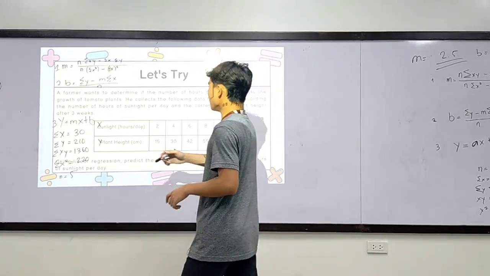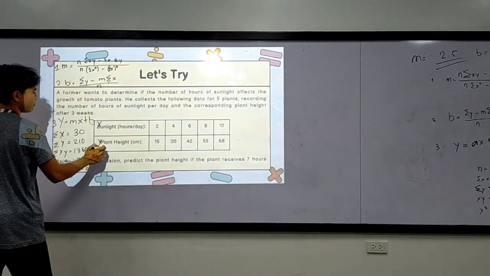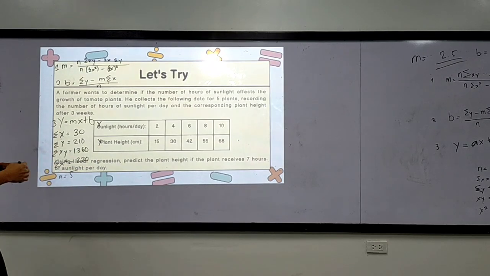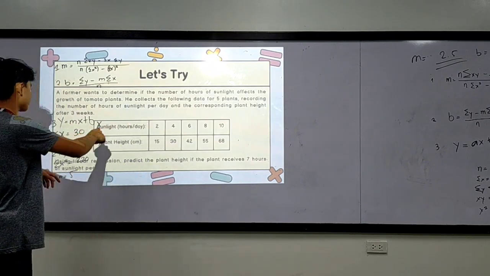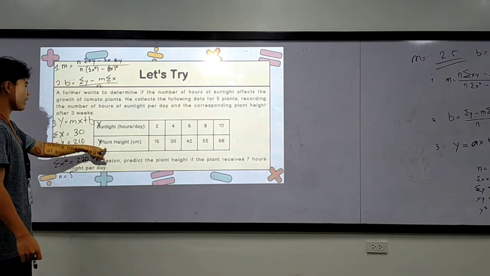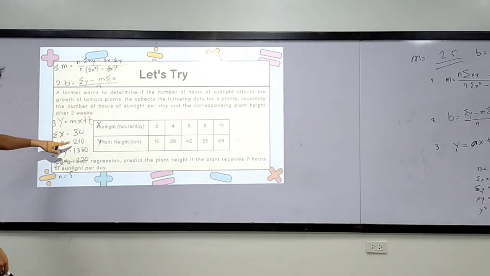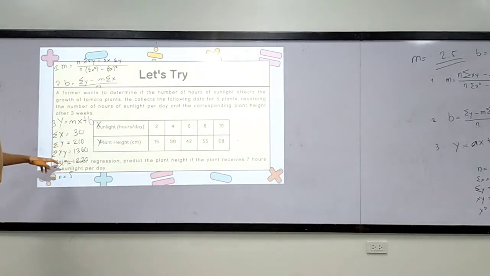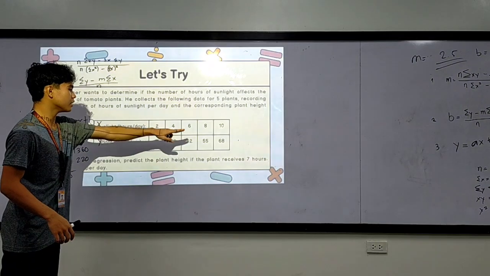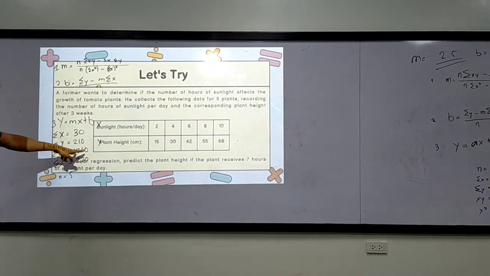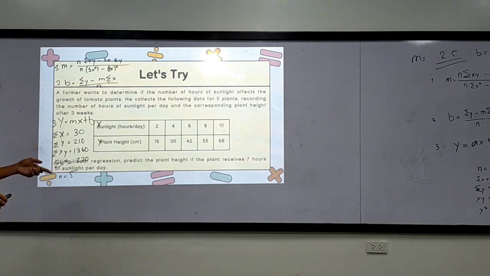Let the sunlight be x, and the plant height be y. The sum of x is 30, the sum of plant height is 210, and multiplying and adding xy gives 1360.